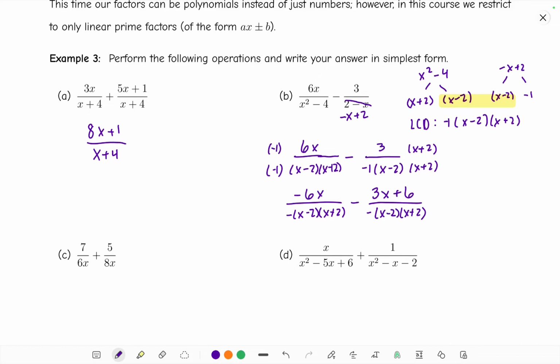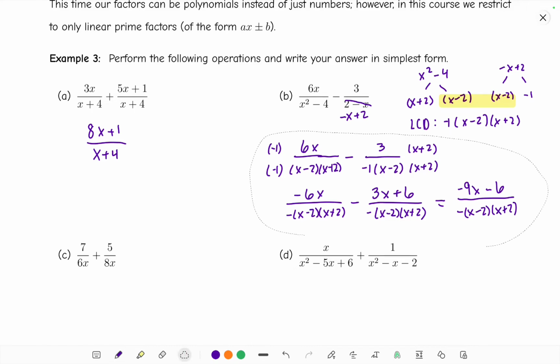And don't forget when subtracting fractions to subtract everything. So this will become negative 6x minus 3x is negative 9x. Minus positive 6 is minus 6 over negative x minus 2, x plus 2. Then we do need to reduce it because I can factor a negative 3 out of the top.